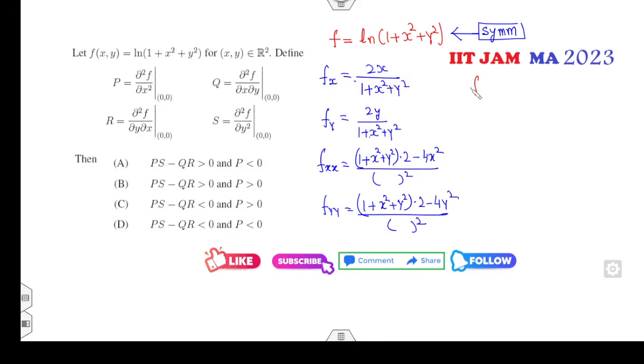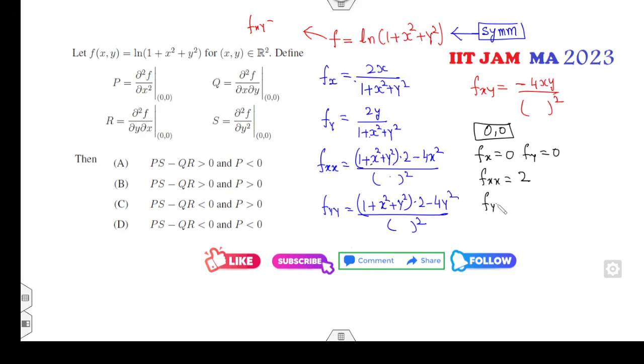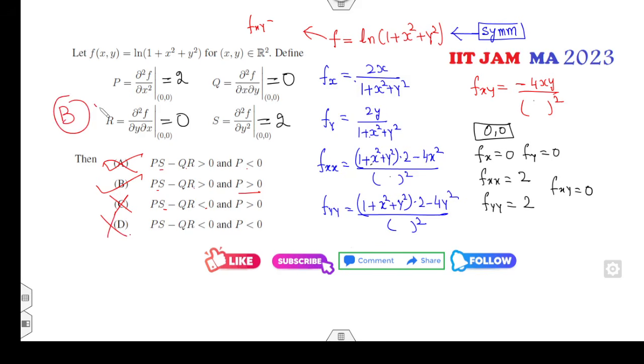Since the function is symmetric, fxy and fyx will be the same, so that will be minus 4xy divided by the whole square. Now evaluate at 0, 0. At 0, 0, fx is 0, fy is 0, fxx is 2 divided by 1, fyy is also 2, and fxy is 0. So p is 2, q is 0, r is 2. Now what is ps minus q square, positive, q is negative, that's false. p is positive, ps minus q is greater than 0, but it's negative, wrong. So the right answer is b, the correct answer of the problem.